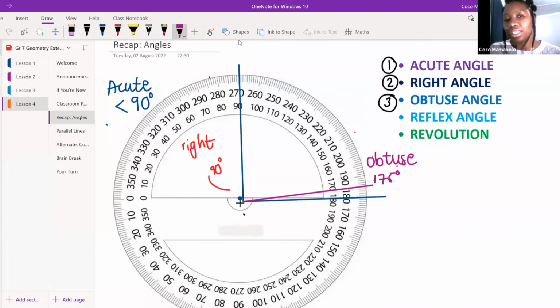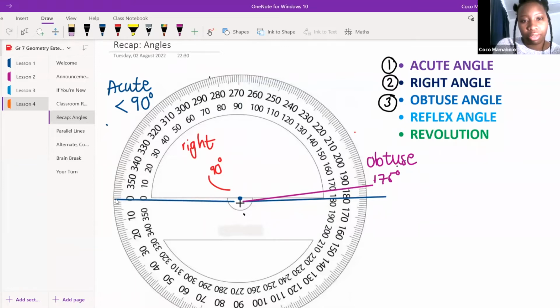Yes. Can't we move that line to start at 0? Otherwise, someone's going to be really confused because now it looks like it's 90 degrees, but starting from 180. Oh, I get you. Yes, I absolutely get you, Teacher Kat. So I should actually have gone from 0 to 90 degrees.